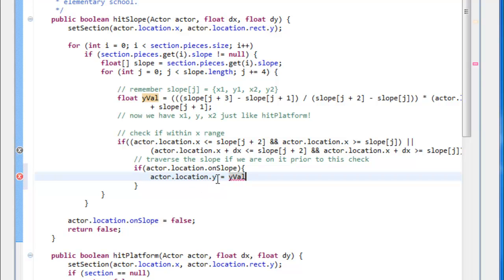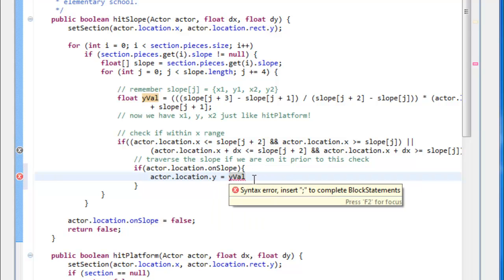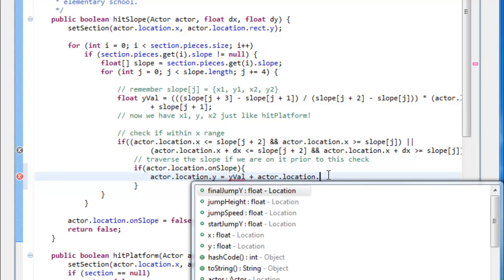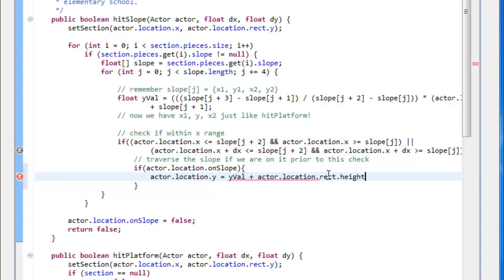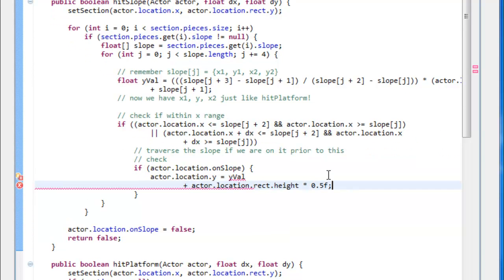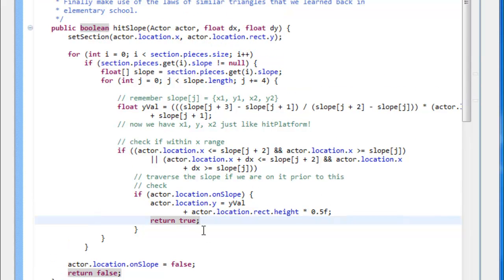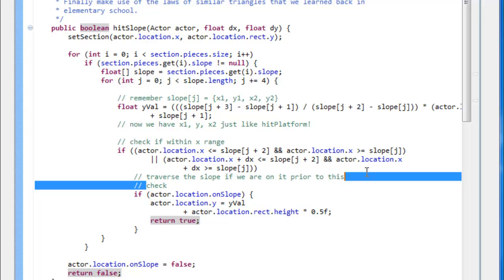Of course, our actor's y location represents the center of our actor, but we actually detected the feet, which is actor.location.y minus half of the actor's height. So we're going to add in that half. And then we're just going to return true because we did hit a slope. I mean, we were already on a slope, but we're still on a slope.